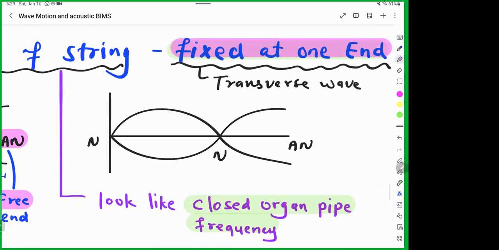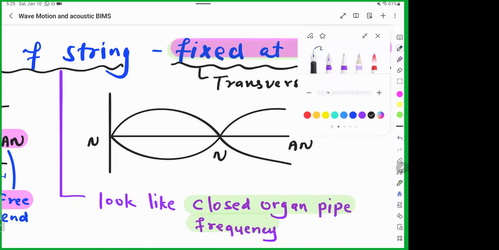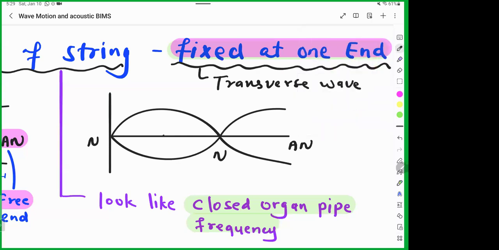If you take 2, what will happen? You will take 3 parts. This is antinode. So imagine this is like lambda by 4, this is like lambda by 4, and this is like lambda by 4. Correct?